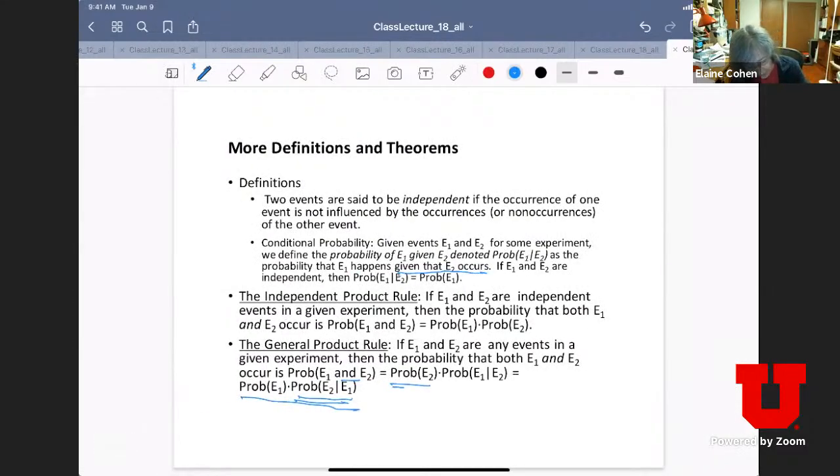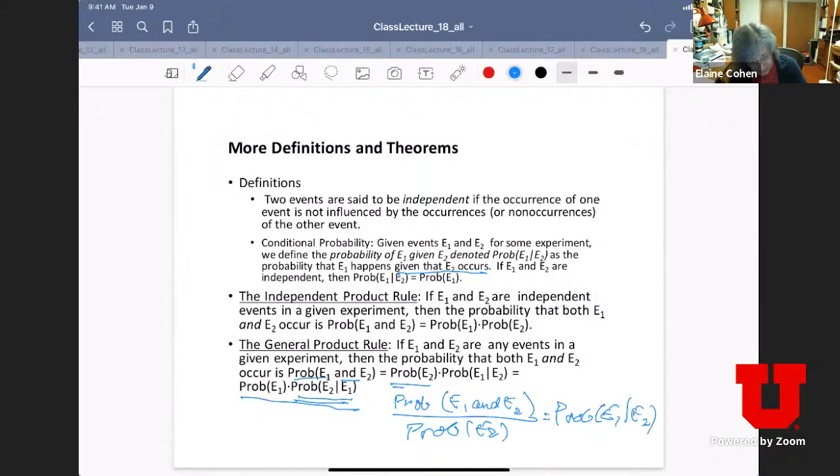We have the probability of E1 and E2, divided by the probability of E2, is equal to the probability of E1 given E2.